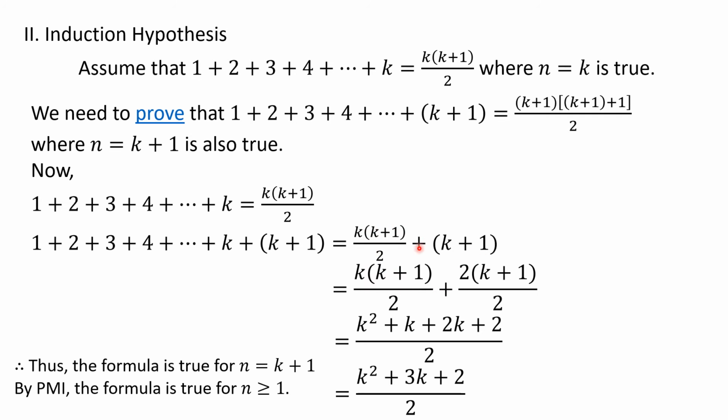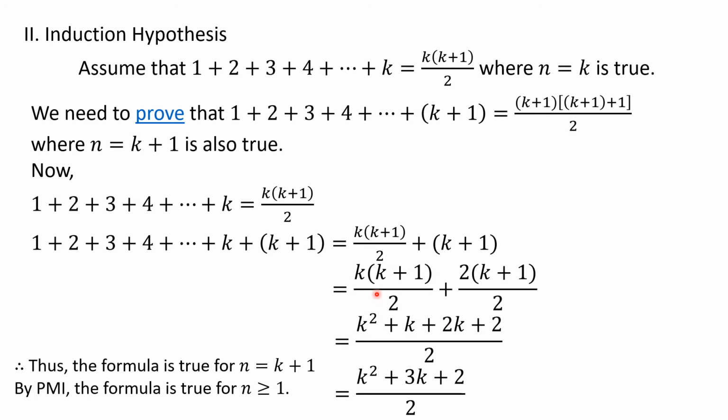Since the first term has a denominator, they should have the same denominator so that we can combine them. So we find the LCD, or the least common denominator. And then by simplifying, we have now k times k using the distributive property.